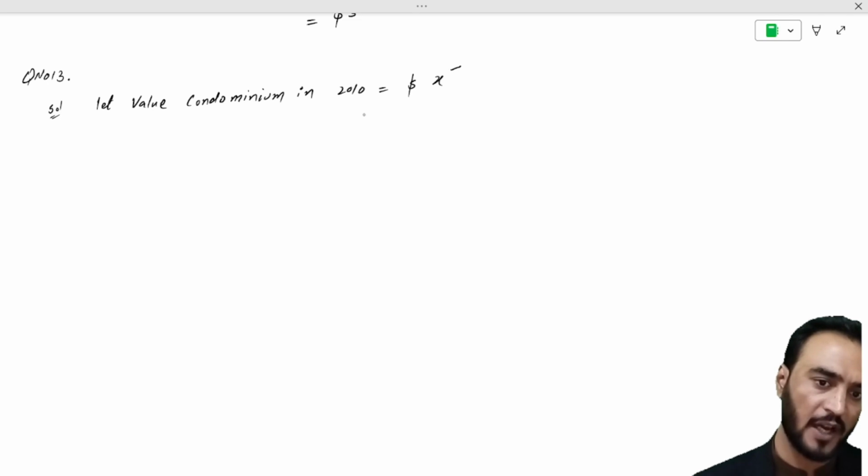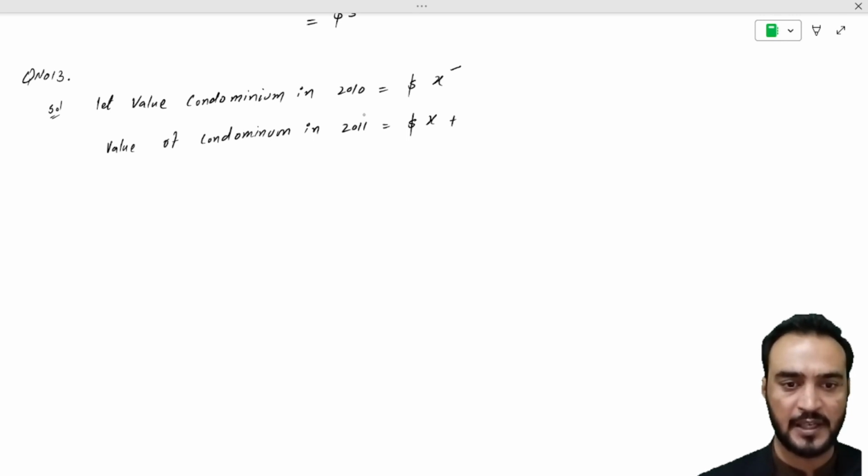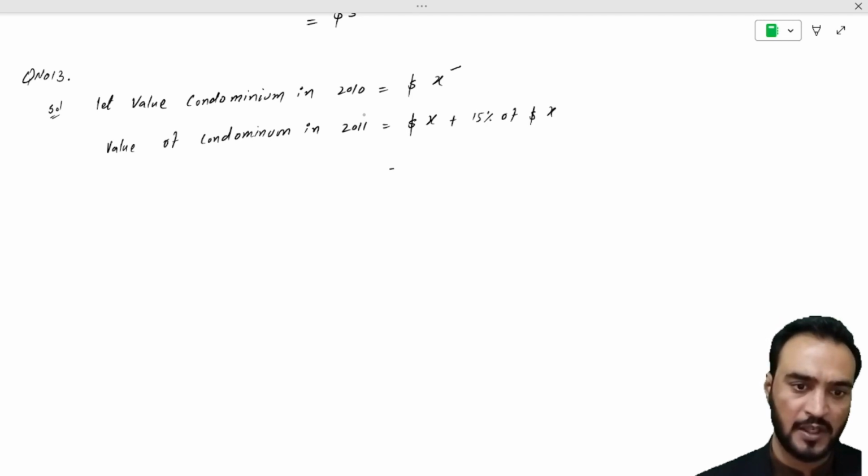We have to find the value of X now. As he is saying that every year its value appreciates by 15%, so the value of condominium in 2011 is equal to X dollars, the value in 2010, plus 15% of X. So we solve that: X dollars plus 15 over 100 times X dollars.